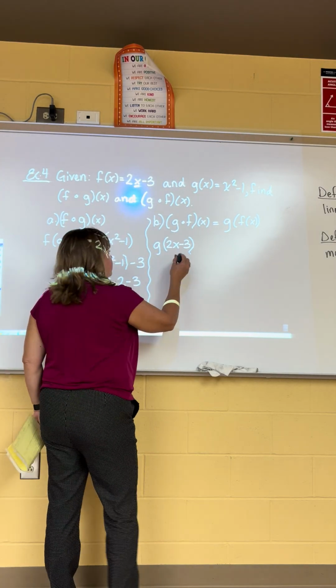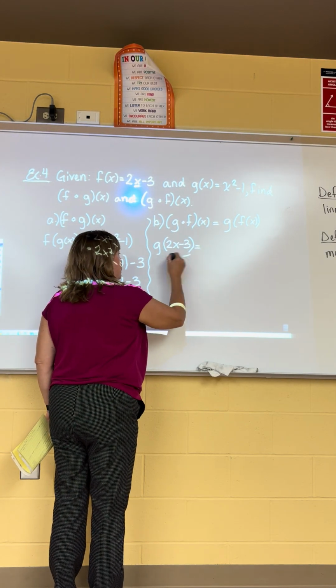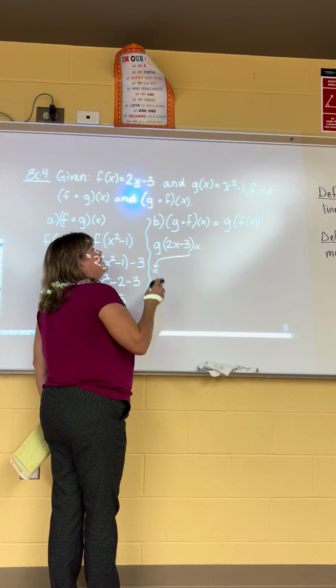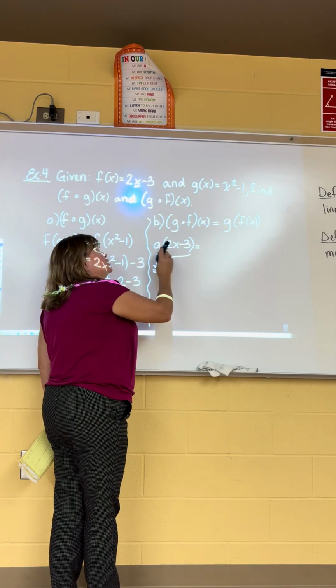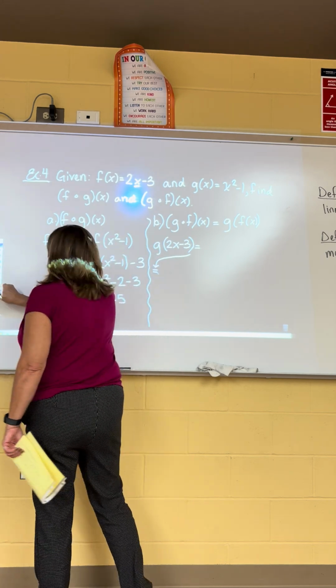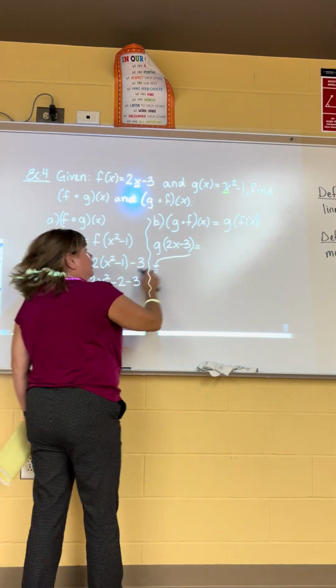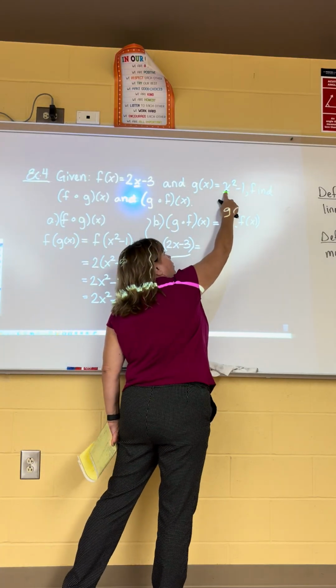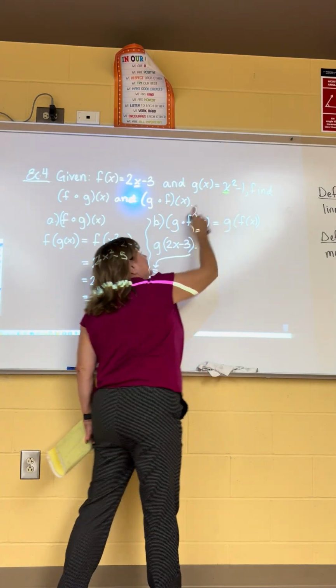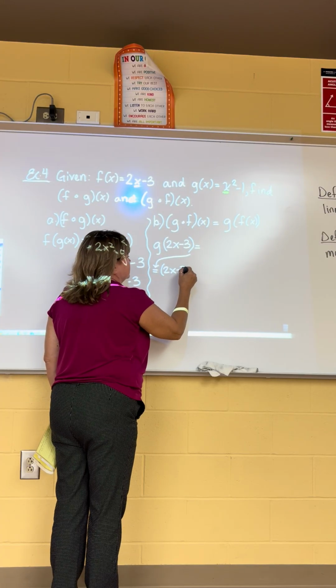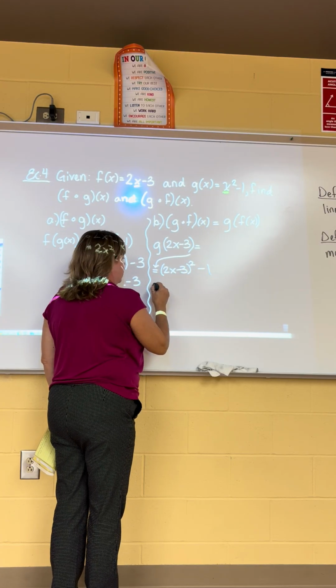I'm just going to work underneath though. Now wherever we see x in g, and there's only one place we see it, right there, we have to put 2x minus 3 where we see x in g. So 2x minus 3 squared minus 1.